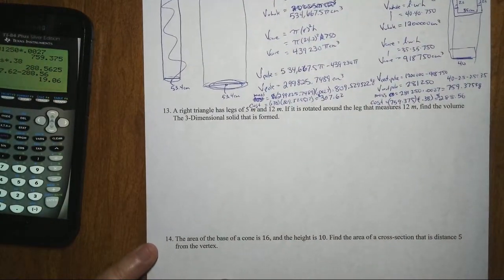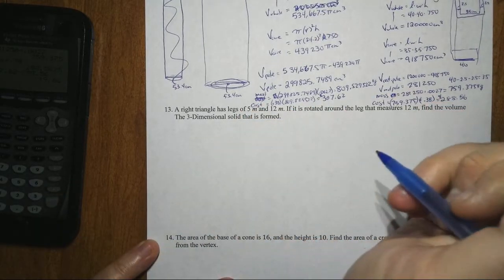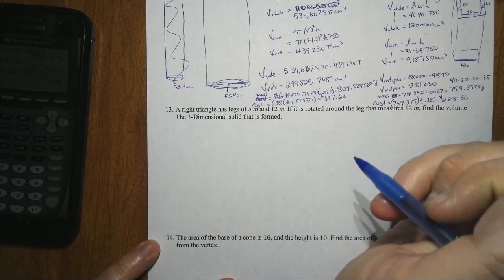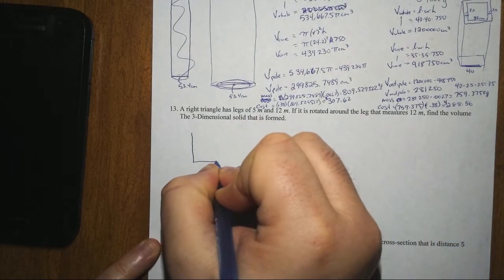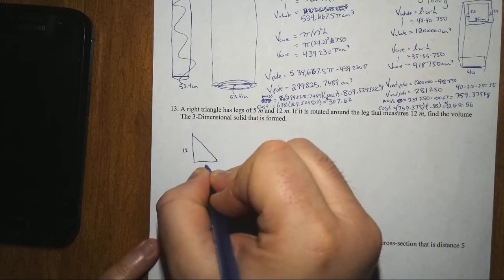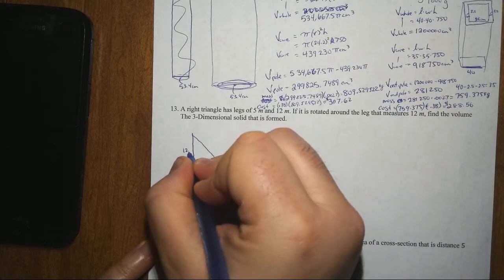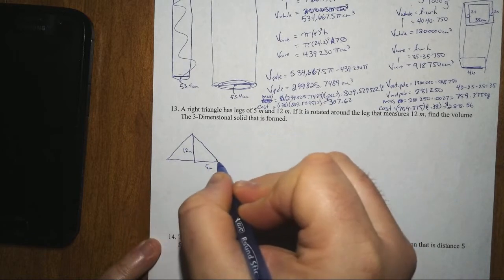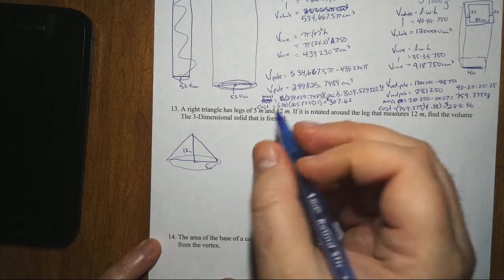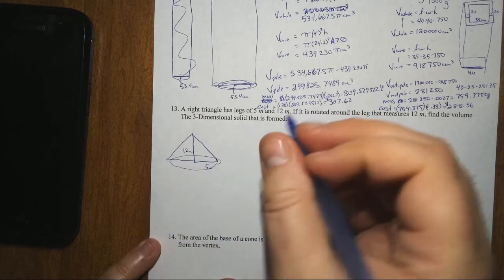Number 13, a right triangle has lengths of 5 meters and 12 meters. It is rotated around the leg that measures 12 meters. Find the volume of the three-dimensional solid that is formed. So, right triangle, 12 and 5 meters. Rotate along the line of 12, so it's going around this guy. So we're forming a cone, right? That's our height. That's our radius.